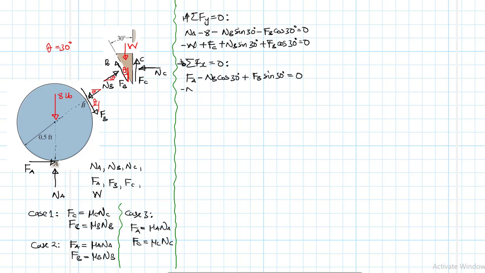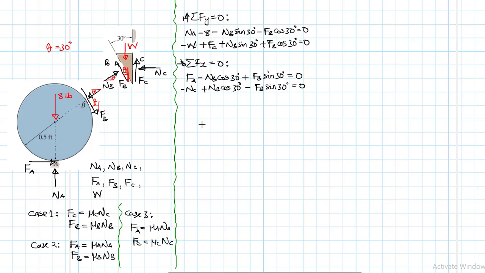Then we have another one on the wedge, which is minus NC plus NB cos 30 minus FB sine 30 equal to 0.